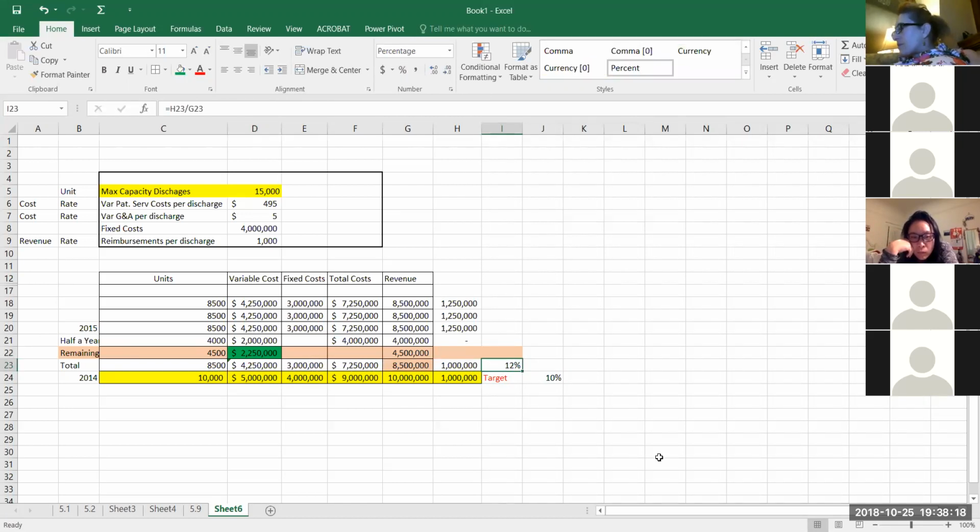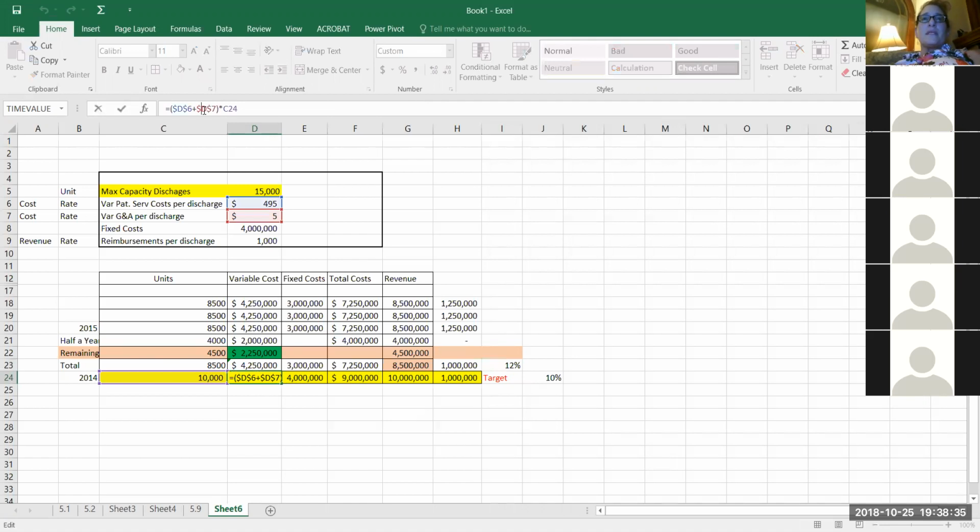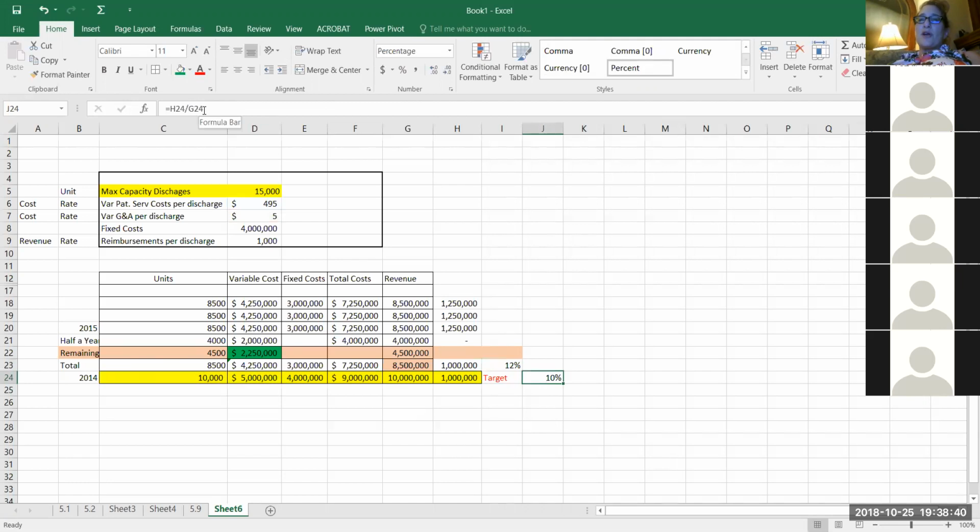I think I'm missing something in the problem, just thinking. I feel like I'm missing some element of this problem. So it's basically saying that we want to earn the same target profit, which is 10%, right? And right now the way we've got this going is that we are already earning more.